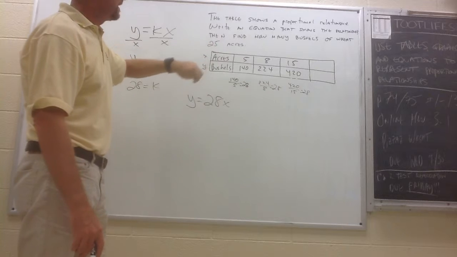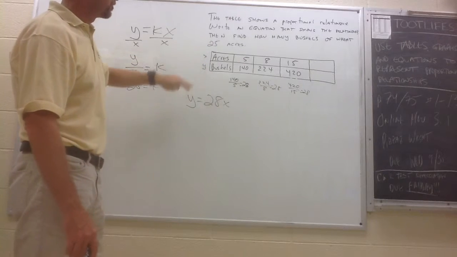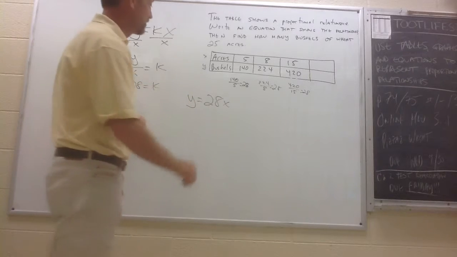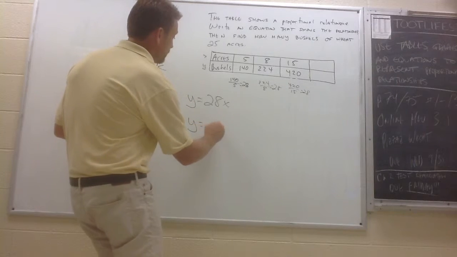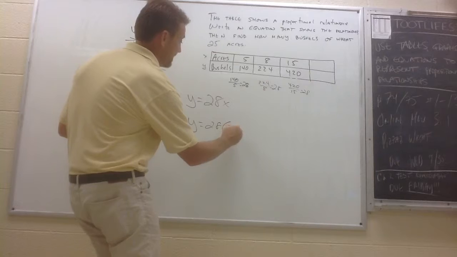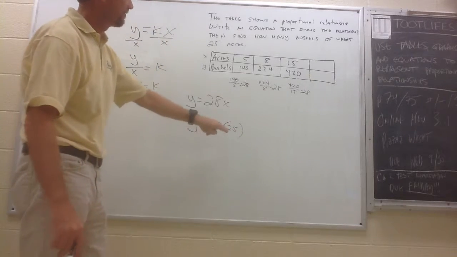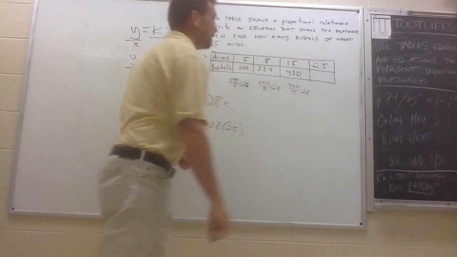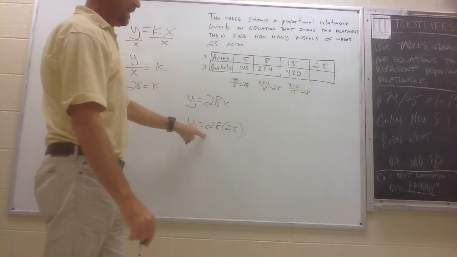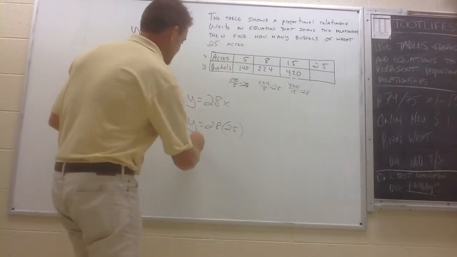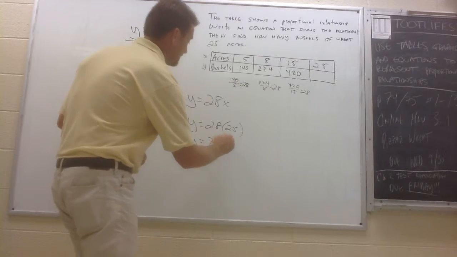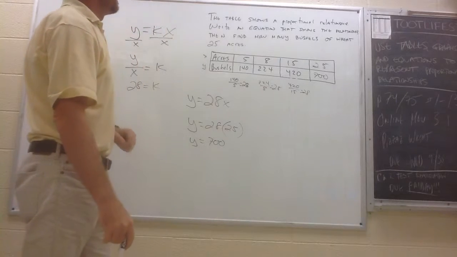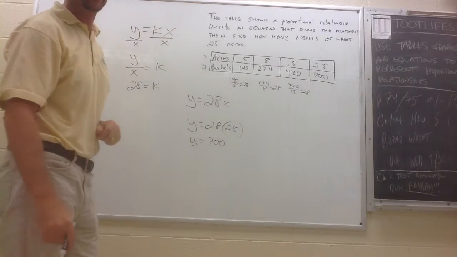So to find out how many bushels we get, remember bushels is our y value, the number of bushels for 25 acres will be 28, and we'll replace that x with a 25 for 25 acres. And 28 times 25 is 700. So we would get 700 bushels of wheat out of 25 acres.